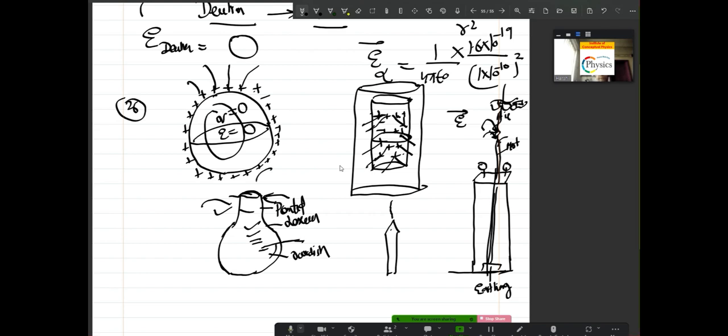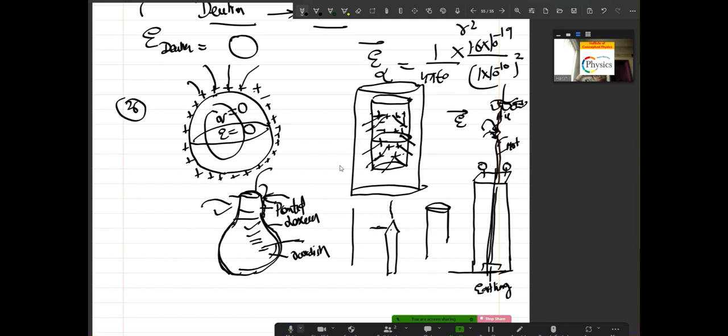So what will happen? Anytime you try to throw a charge on this, that charge will tend to go towards the rounded part. A cylinder is also like this. The upper part is round. It is like a broad conductor, while this is a very pointed rod.